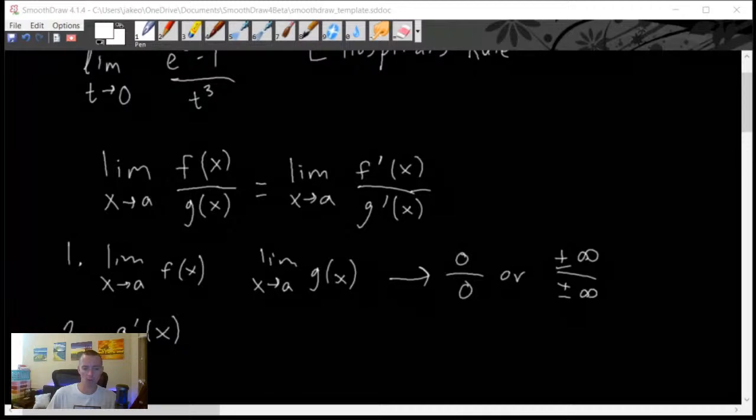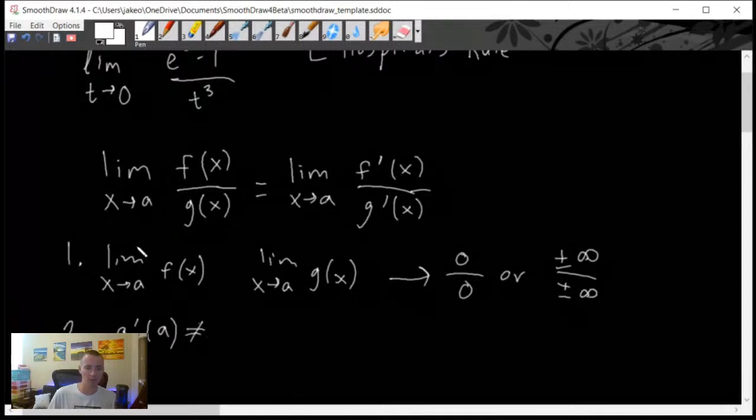So it is okay actually if g prime of a is 0, because what we're thinking about is as x approaches a. So if g prime of a is 0, that's okay.